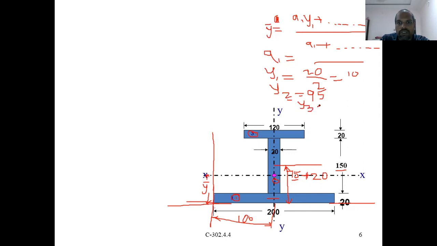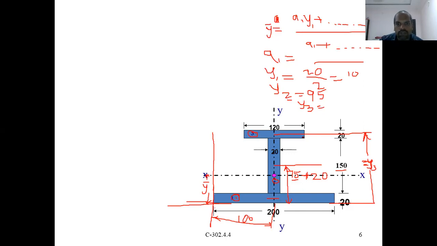Y3 is equal to how much? Figure 3, centroid again. This is a center of rectangle, so from here to here is nothing but Y3. How to calculate Y3? From here to here it is again 20 by 2, because rectangle, 20 by 2, right?